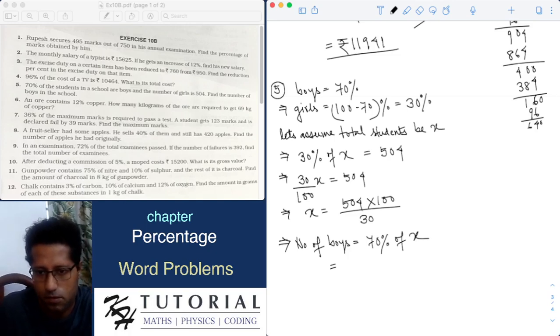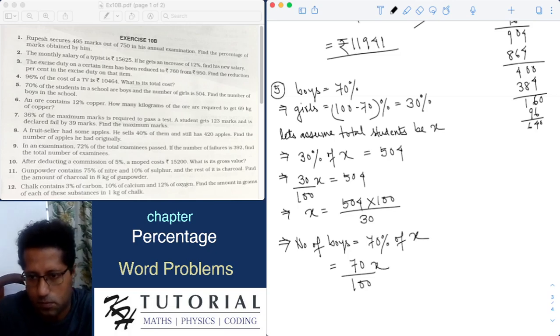So the actual number of boys should be 70% of X. This is equal to 70 by 100 into X, and X we have found to be 504 into 100 by 30.